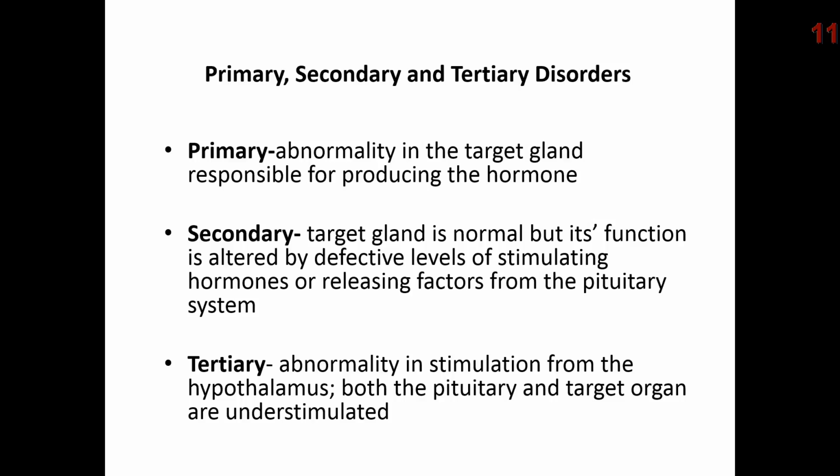That gives you a little bit of what your objectives say you need to know, some examples. Primary would be removing or damaging the actual gland that is secreting the hormone, so a thyroid gland would be removed or damaged, causing a variation in the secretion of thyroid hormone.